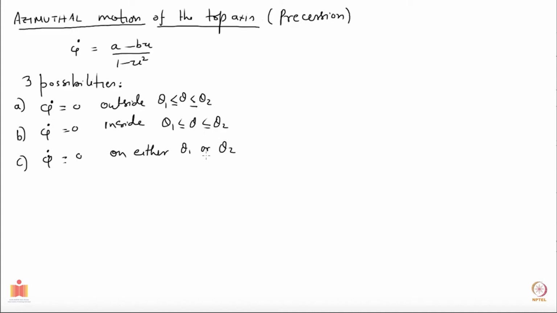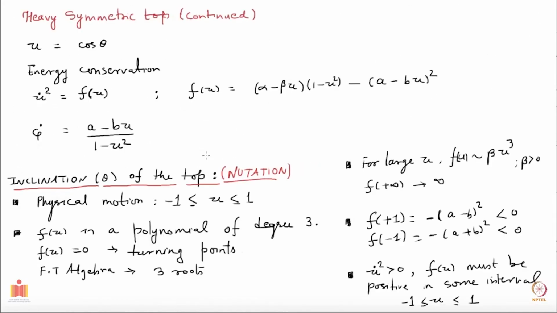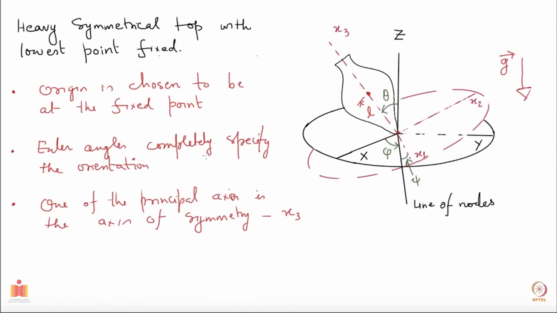Now to geometrically visualize what is happening, I'll draw a unit sphere with the center at the origin, and the origin is, as you recall, at the tip of the top. We are imagining a unit sphere around this, taking this as a center, and then what I want to look at is where this axis, the x3 axis, cuts the sphere.